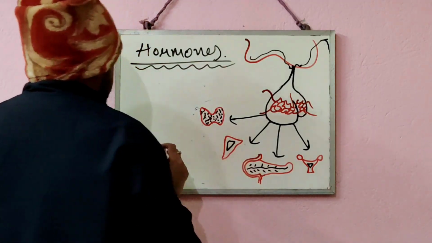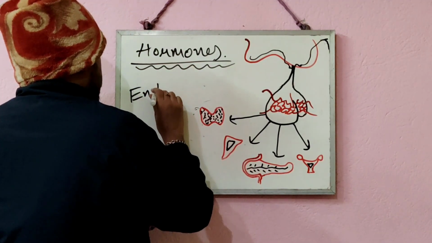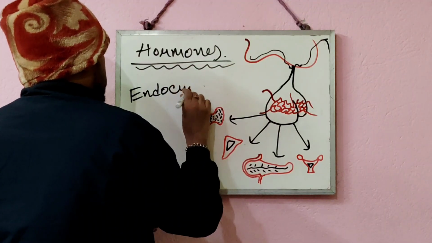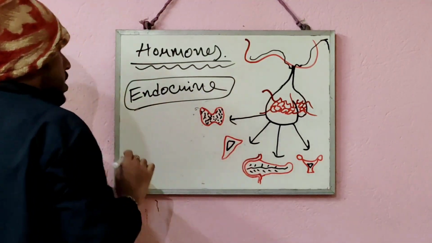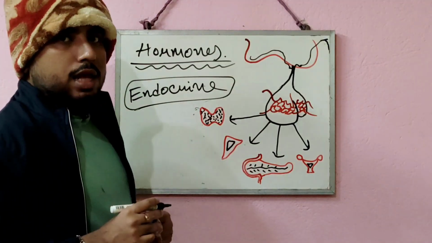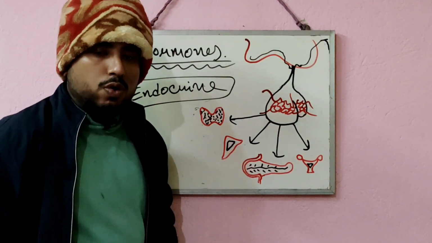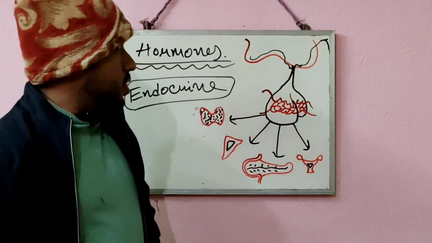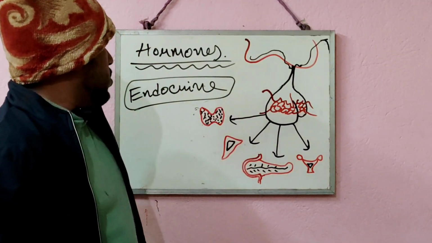Hormones are generally secreted from the endocrine system. In the endocrine system, there are different types of organs, and these endocrine organs secrete biological substances that do the functional work, that are hormones.